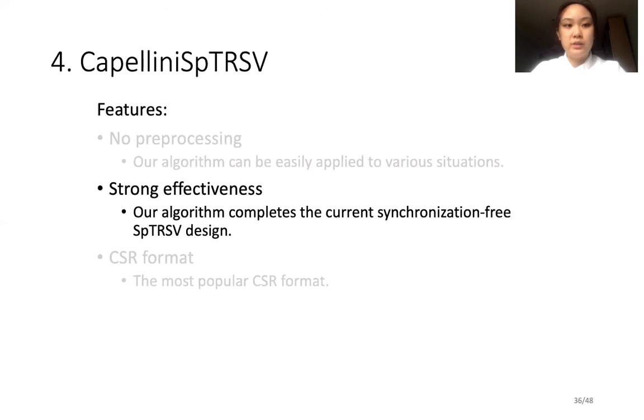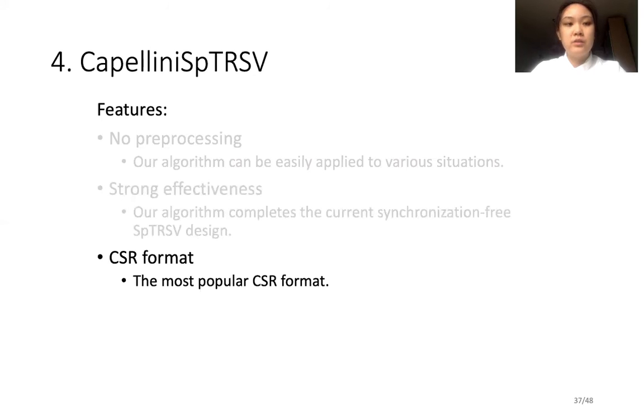By addressing the limitations of existing approaches, Capellini supports sparse matrices that have high parallel granularity, which enables the synchronization-free sparse triangular solve design to be efficient for various sparse matrices. Third, the compressed sparse row format. Capellini adopts the most popular compressed sparse row format, so users do not need to conduct format conversion.